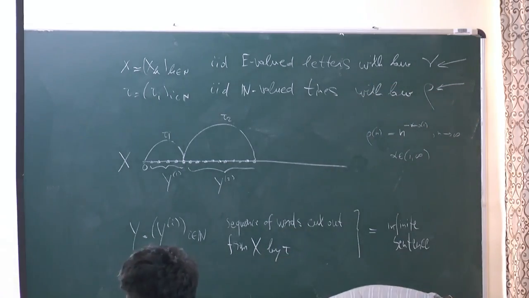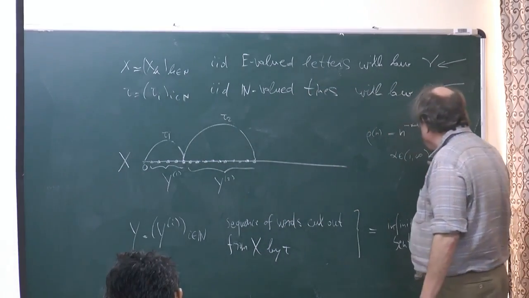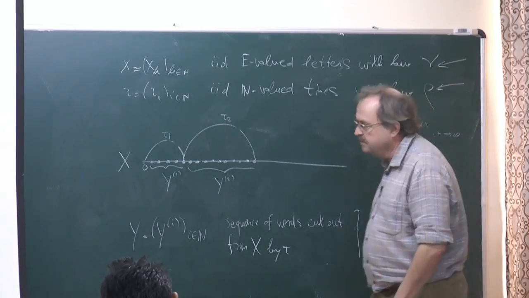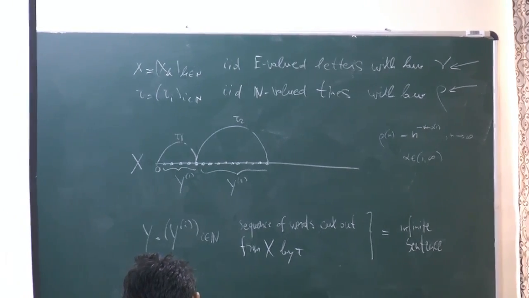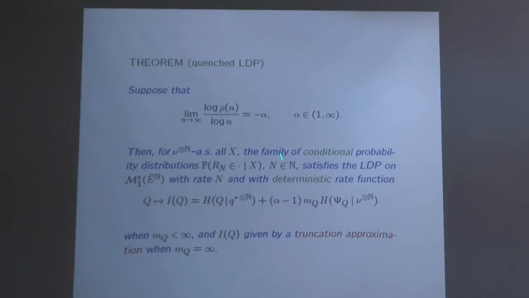So I'm assuming that these times have a polynomial tail with an exponent alpha. And the exponent can be anything you like. Okay.